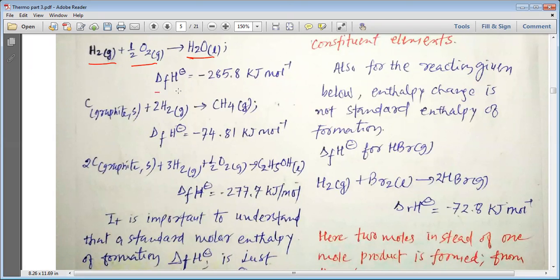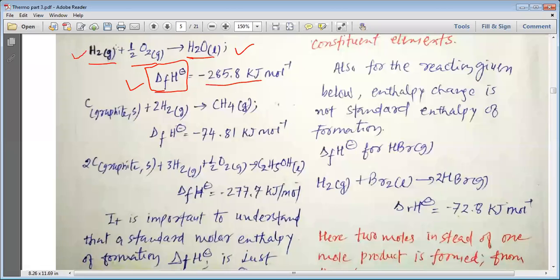Because this reaction takes place at constant pressure, the change in enthalpy is minus 285.8 kilojoule per mole. It means that energy is produced during this reaction, and this is known as the standard molar enthalpy of formation of water.